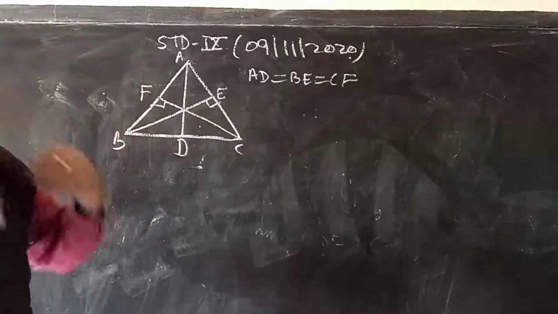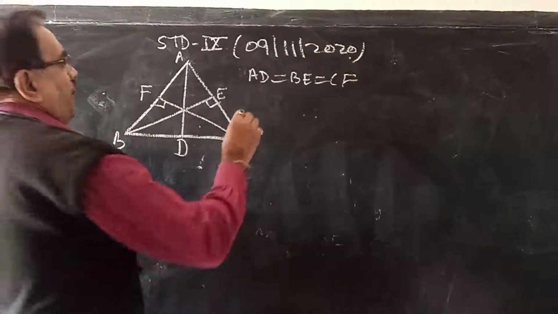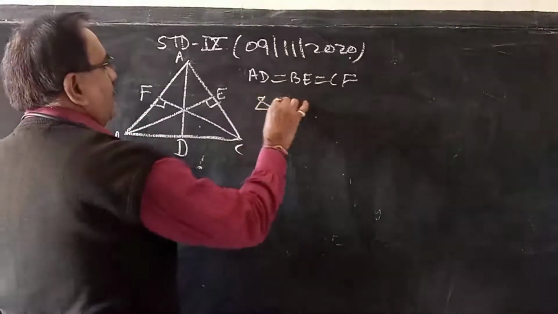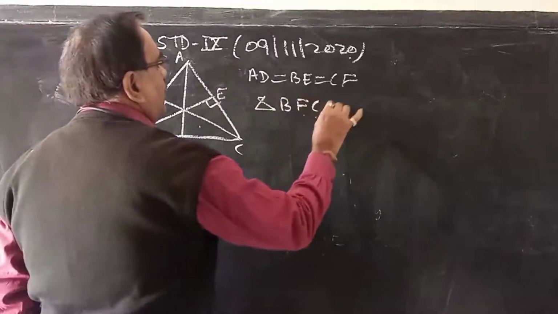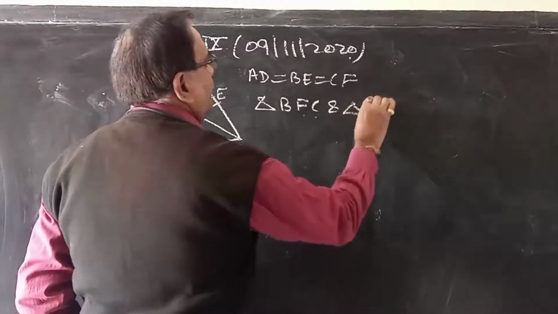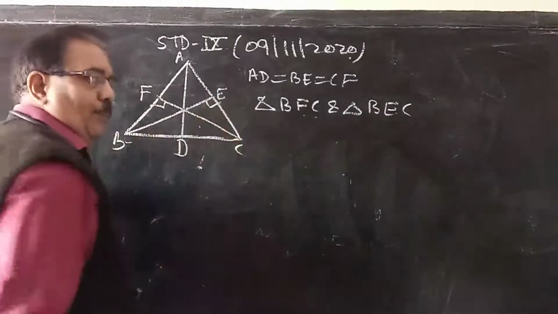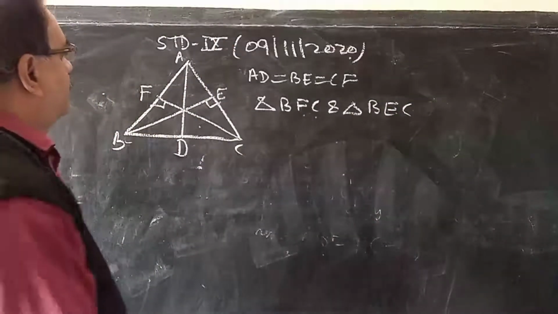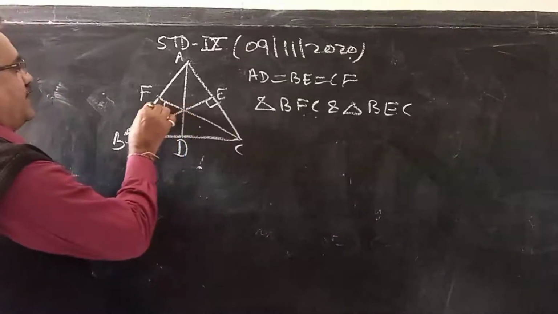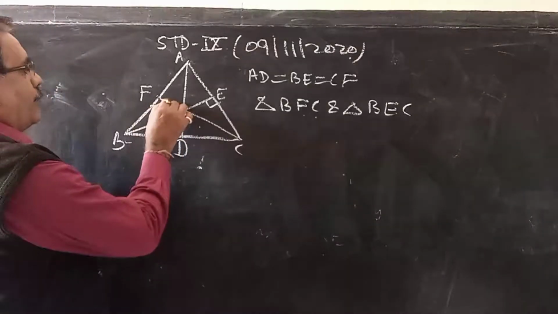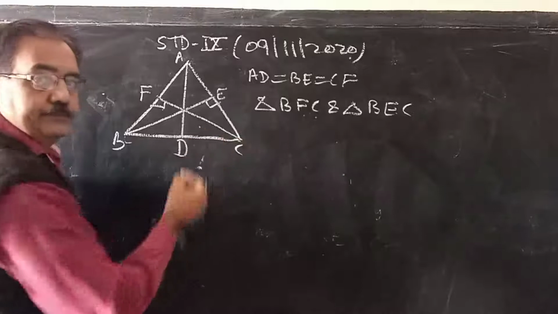is an equilateral triangle. See, first we will take triangle BFC and triangle BEC. These two triangles, we will prove are congruent. See, this is 90 degree. The side opposite to 90 degree is BC.